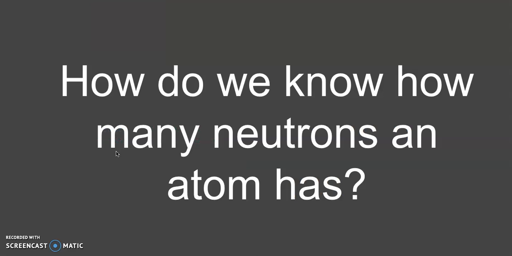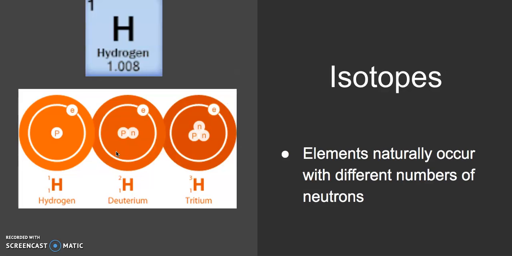How about neutrons? How do we know how many neutrons an atom has? Atoms exist with a set number of neutrons, but an element as a whole could have different numbers of neutrons and it's still that element.